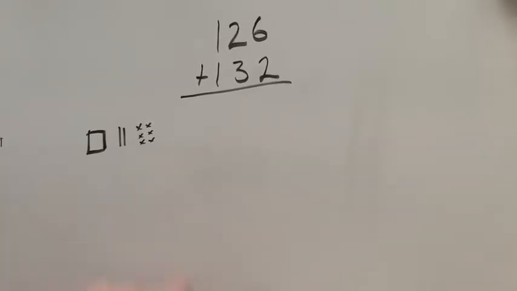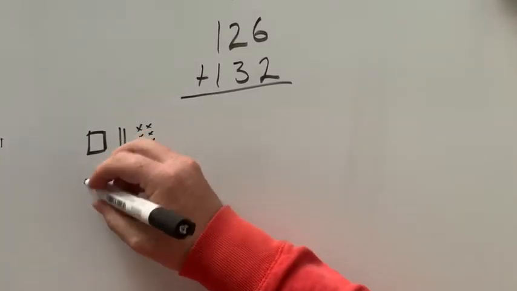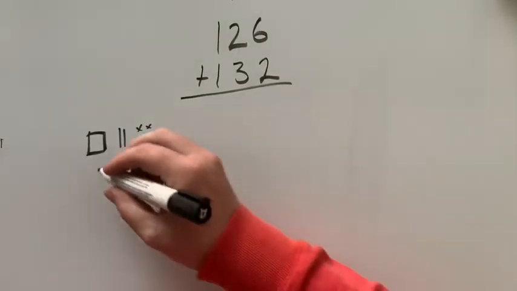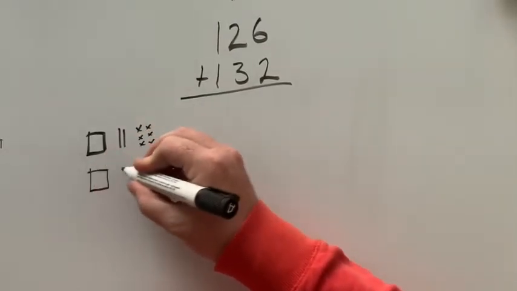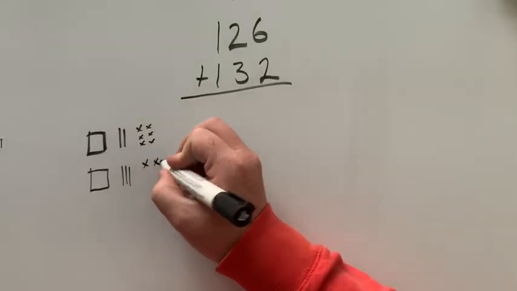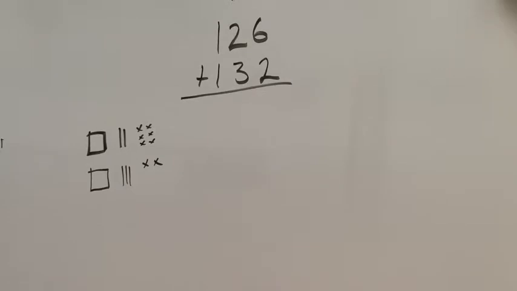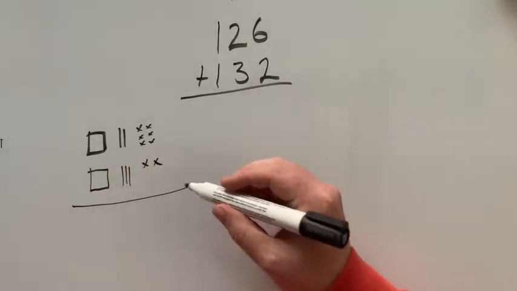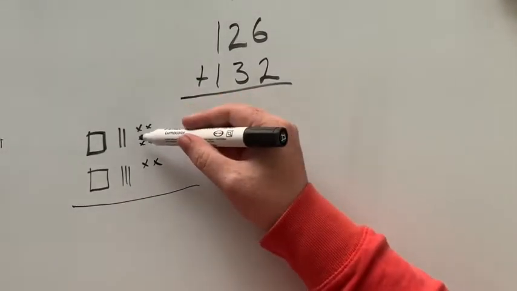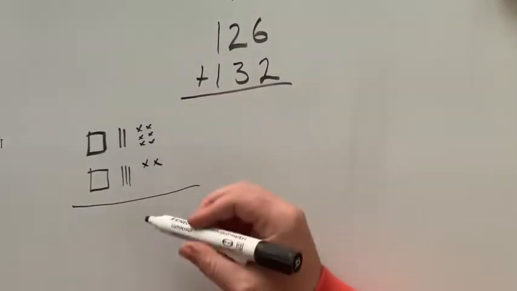All right, so that's 126. Adding 100, oh sorry, adding 132. Apologies. And then we start with our ones. So that's 6, 7, 8.